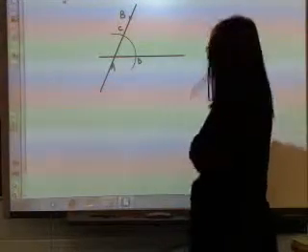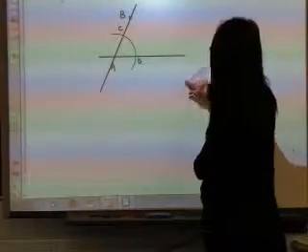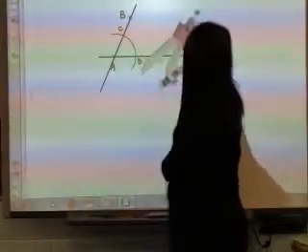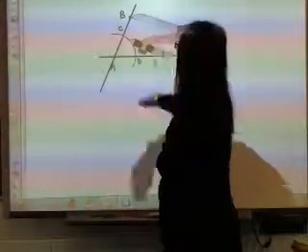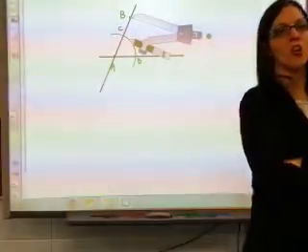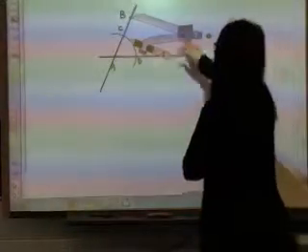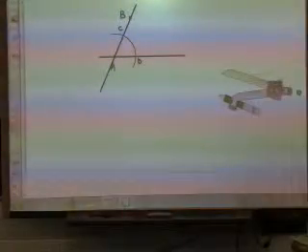Then you will take this compass without changing the radius, so without adjusting the compass, and go up to B and draw an arc. I'm going to have to make some movements on mine because I'm not going to have enough room.